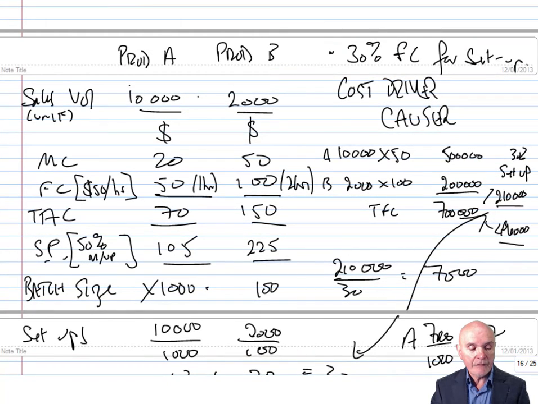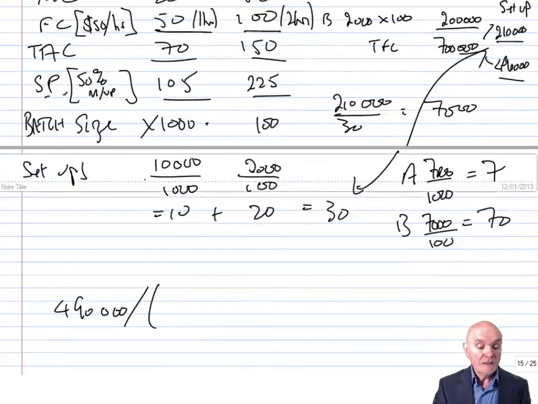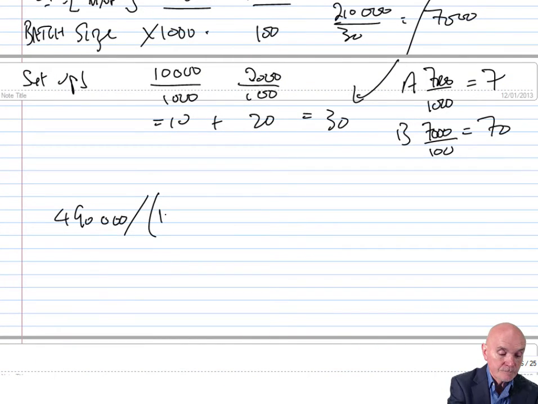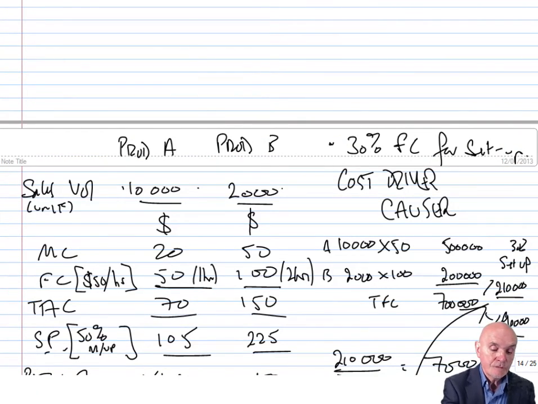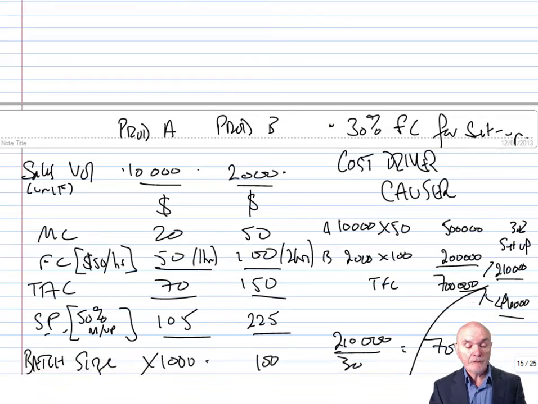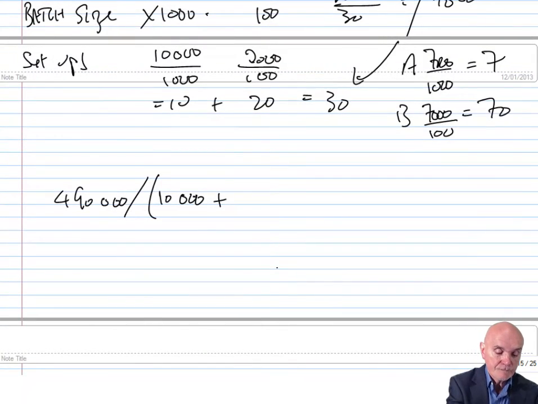So the number of hours needed to produce your 10,000 units of A, if there's 1 hour each in here, will be 10,000 hours. And the number of hours needed to produce your 2,000 units of B, we said it was 2,000 at 2, it's going to be 4,000.